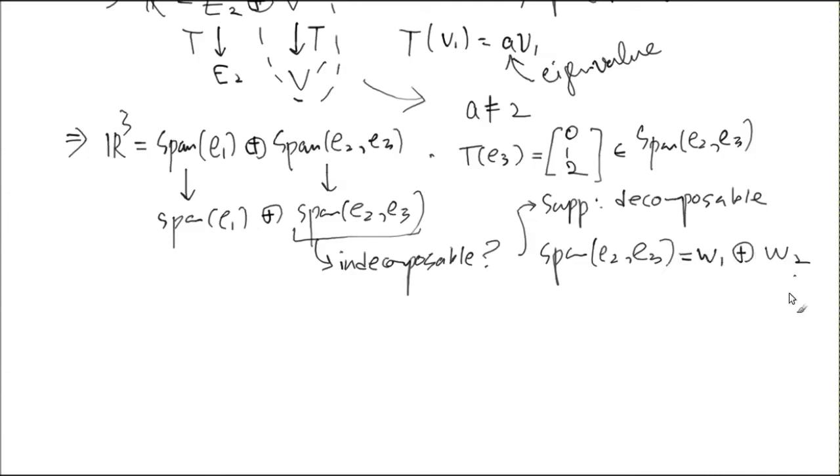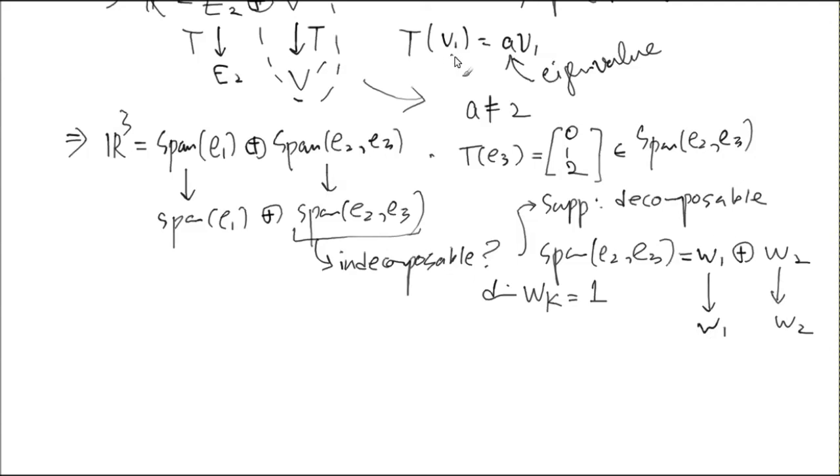Is that right? And it's not just a direct sum. What other property are we putting in there when you consider this indecomposable and decomposable thing? Invariant subspaces, right? So this has dimension what? This is dimension 2, and it has to be dimension 1 each of the time, right? So this has to go back to W1. This has to go back to W2.